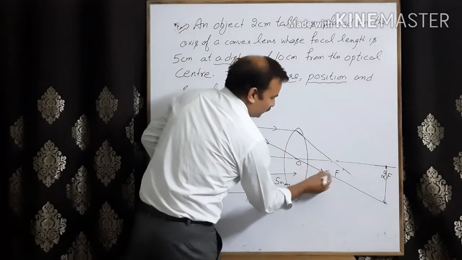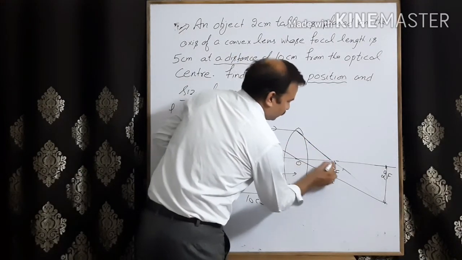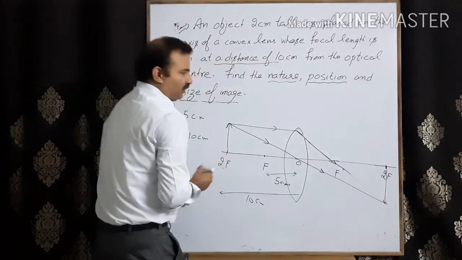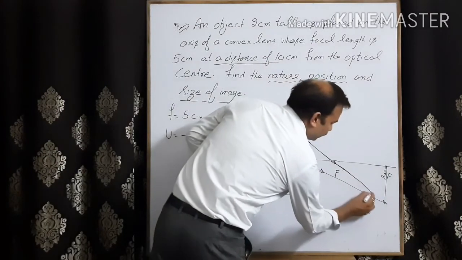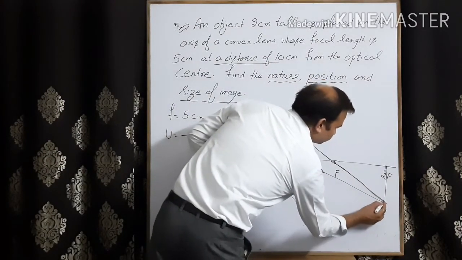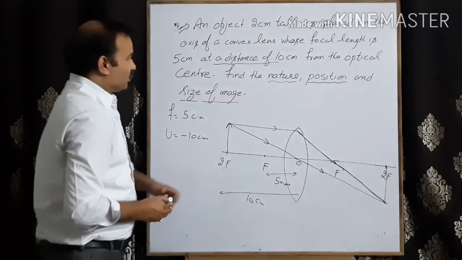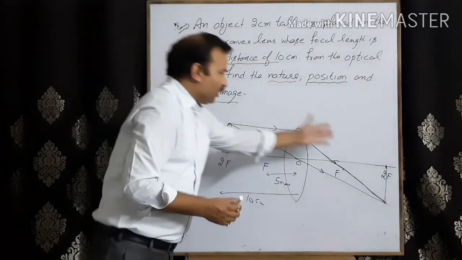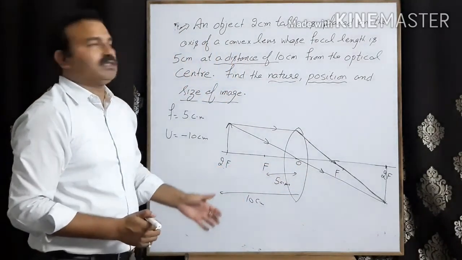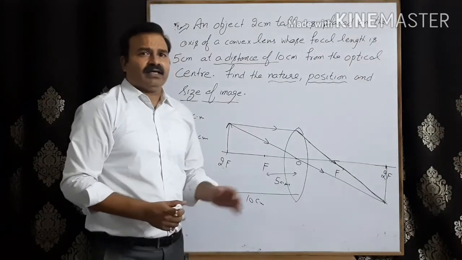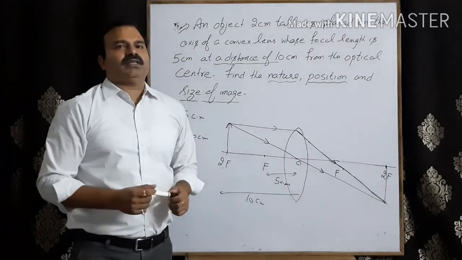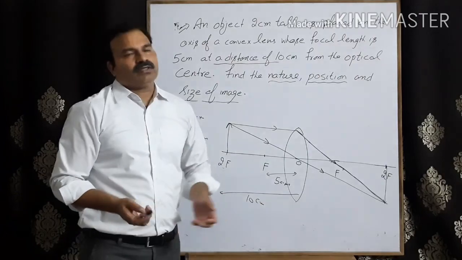Must show the arrow. This shows where the image will be formed. Using this, you will get a rough idea whether whatever you have solved in the numerical is correct or not.